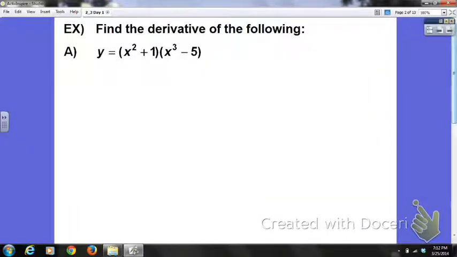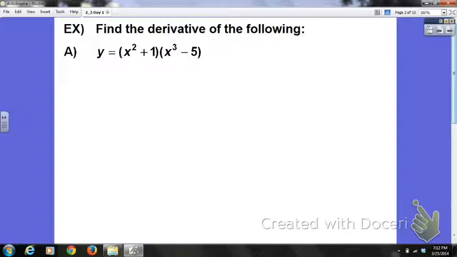Our first example asks us to find the derivative of the following function. y is equal to x squared plus 1 times the quantity x cubed minus 5. Clearly, this is not a situation where we have a coefficient in front of a variable. This is going to need the product rule. We are multiplying two quantities together.